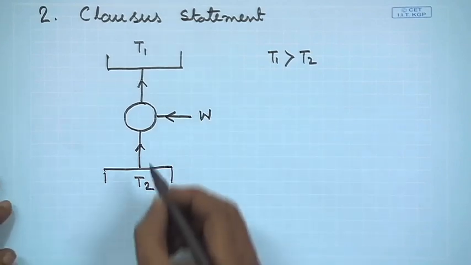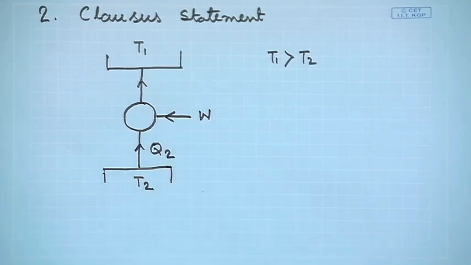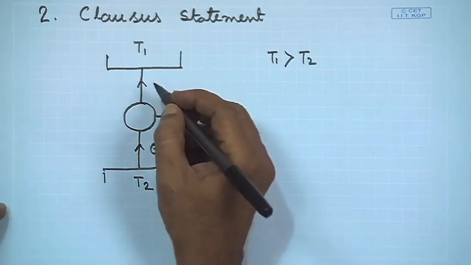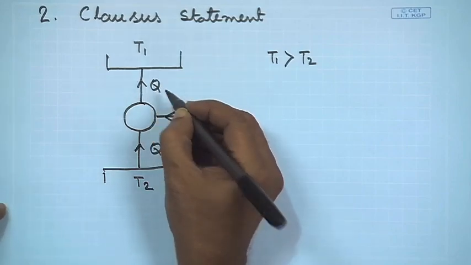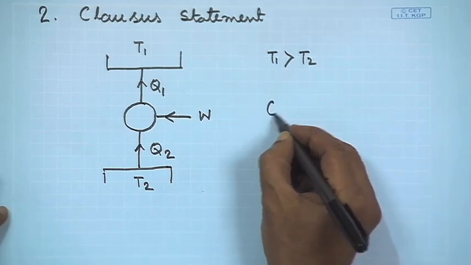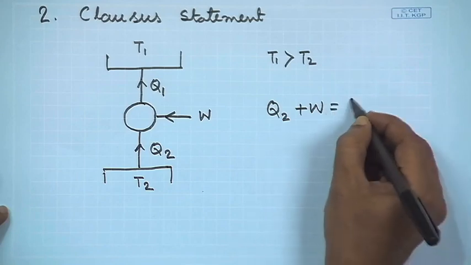So, if we do that, then what we will get? That we are taking Q2 amount of heat from a low temperature body, with the help of work, that is W, we are pumping in total Q1 amount of energy to the high temperature body, which is at T1. Now, this configuration neither violates first law, because we know from energy balance Q2 plus W is equal to Q1.